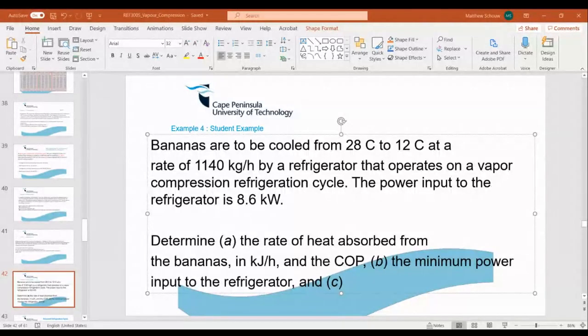Okay, guys, here's a nice question, and it says bananas are to be cooled from 28 degrees to 12 degrees at a rate of 114 kilograms per hour by a refrigerator that operates on a vapor compression cycle. The power input is 8.6. Determine the rate of heat absorbed by the bananas in kilojoules per hour, the COP, and the minimum.